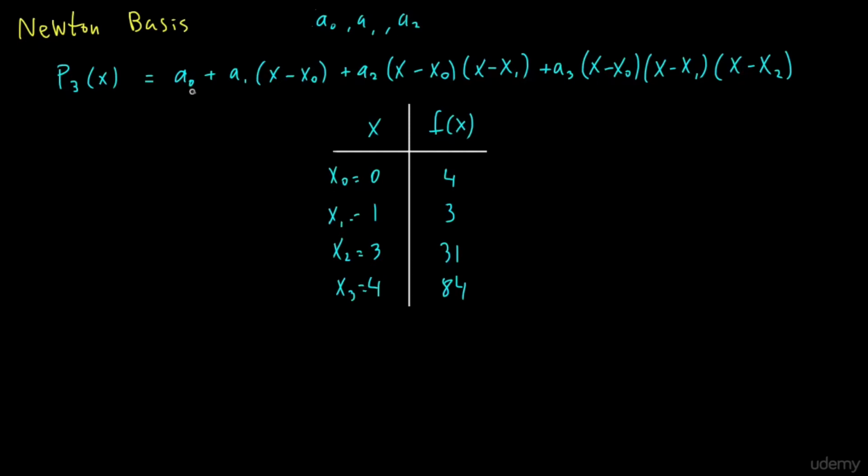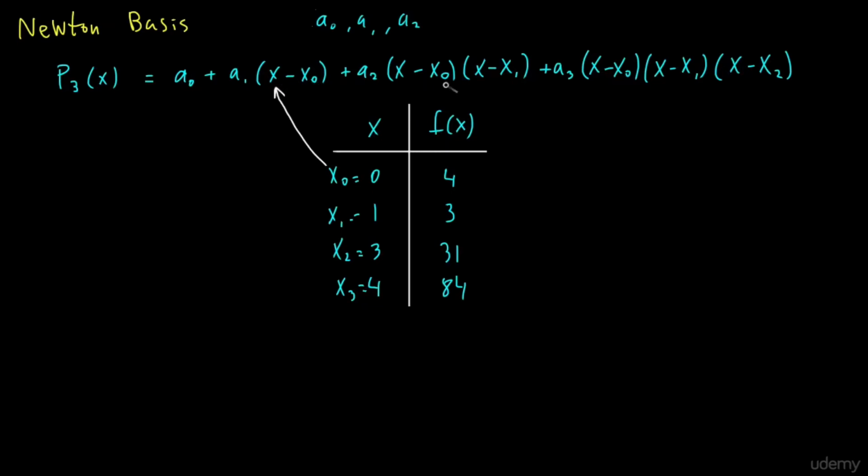So how can we actually get the coefficients? Well, we take x0 and we start thinking about what will happen if we plug x0 into the Newton basis. So this term has x minus x0. You plug x0 in here, literally in place of the x, and this term vanishes because it's x0 minus x0.